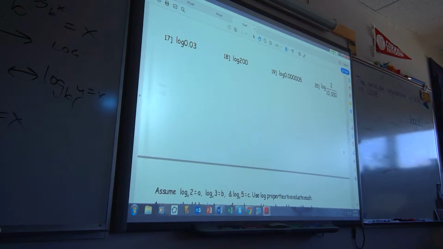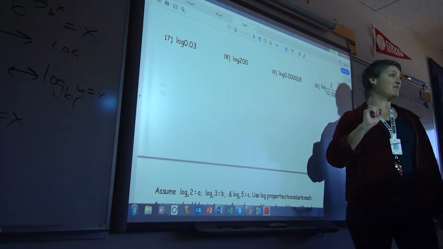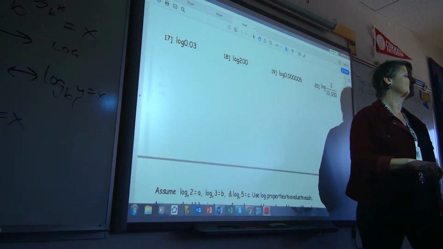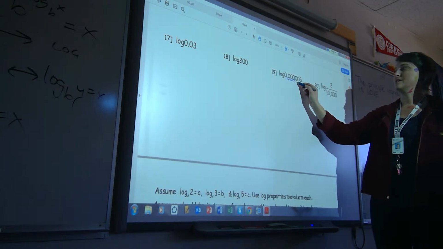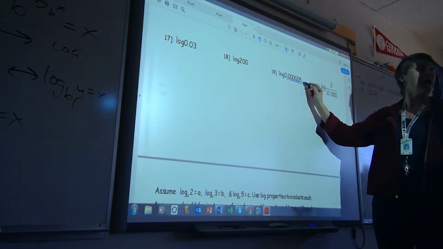We definitely want to use a 5. And then I want you to think about scientific notation. I want you to think about how many powers of 10. How many times did you divide the 5 by a power of 10? So let's see here. 1, 2, 3, 4, 5, 6 times.